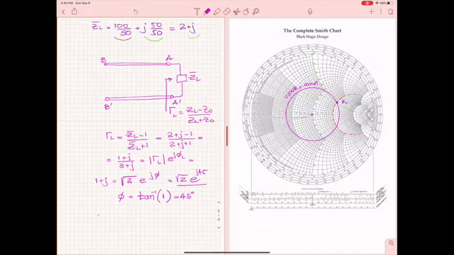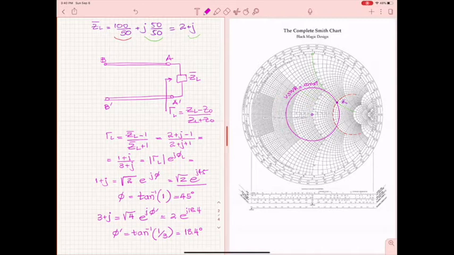And then we have 3 plus j, which is square root of 10 e to the j phi prime, where phi prime is the inverse tangent of 1 over 3. And how much is that? 18.4 degrees. Thank you. So this one here is square root of 10 e to the j 18.4.